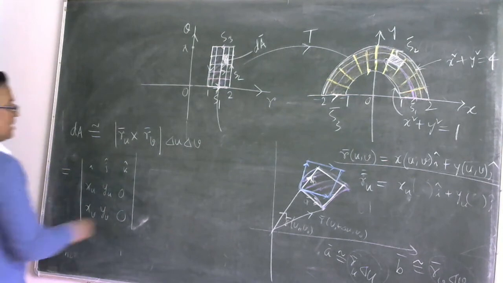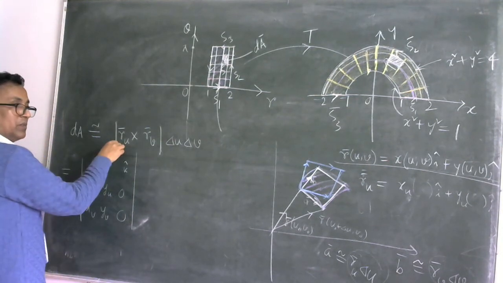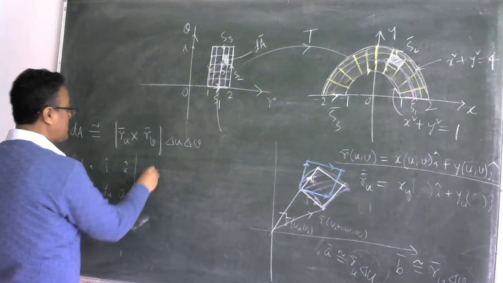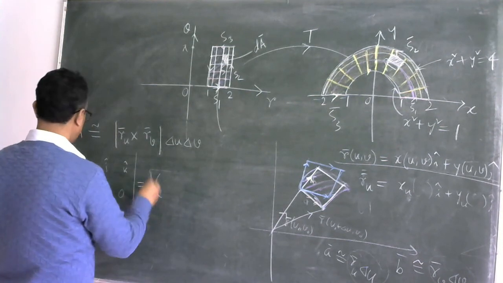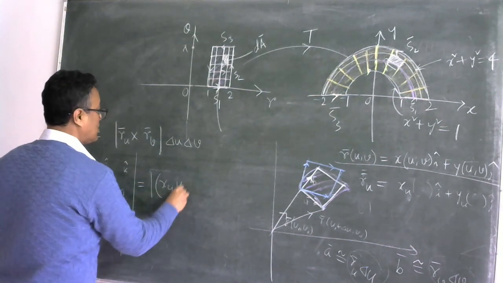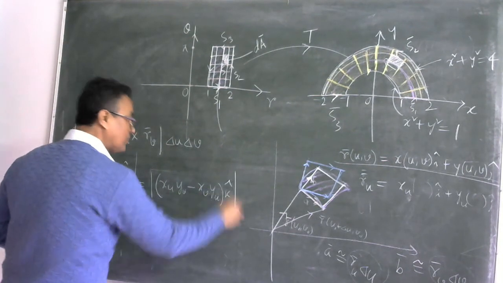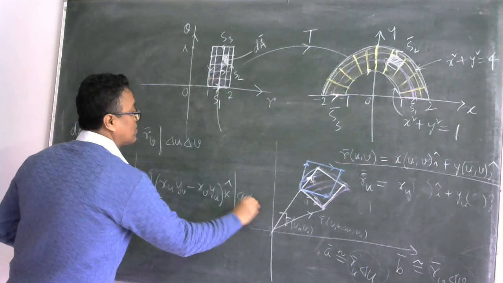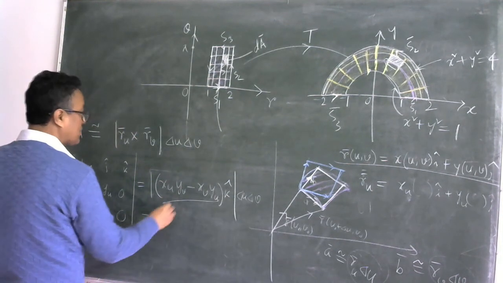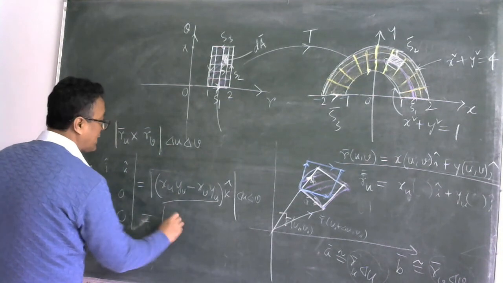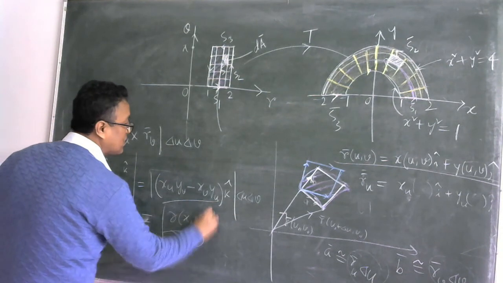Once you work it out, and remember there is an absolute value sign here, this is eventually going to give you something like (x_u y_v minus x_v y_u) k, times delta u delta v, and this one we simply call the Jacobian of x, y with respect to u, v.